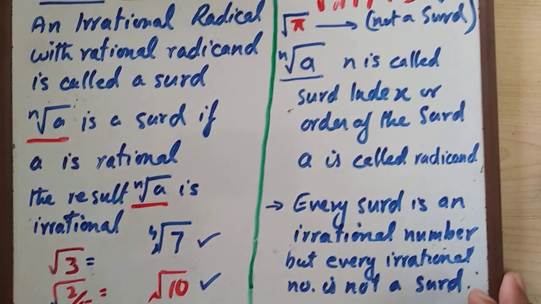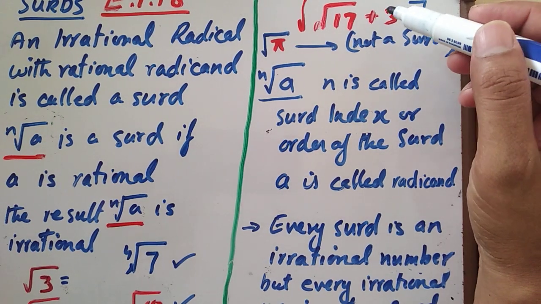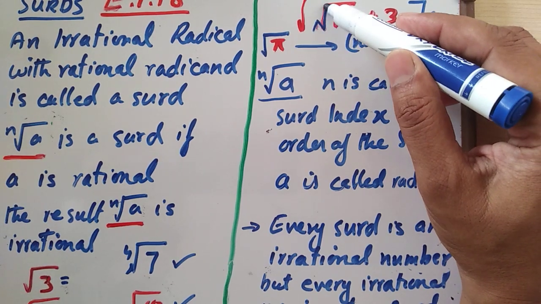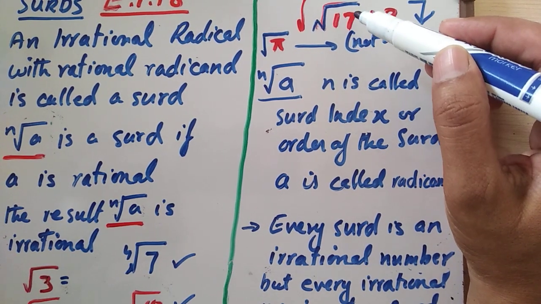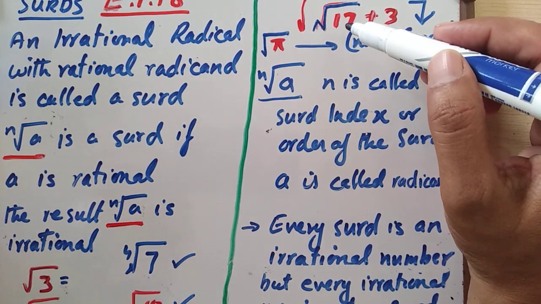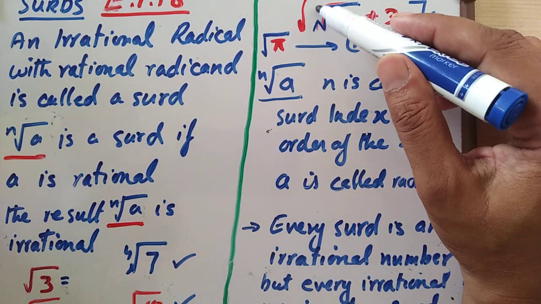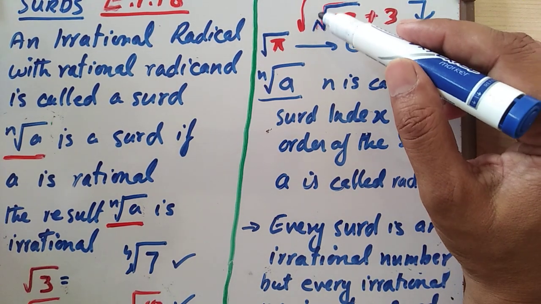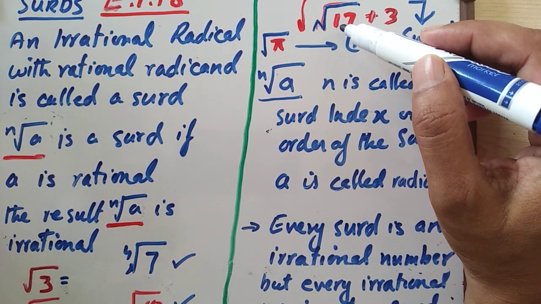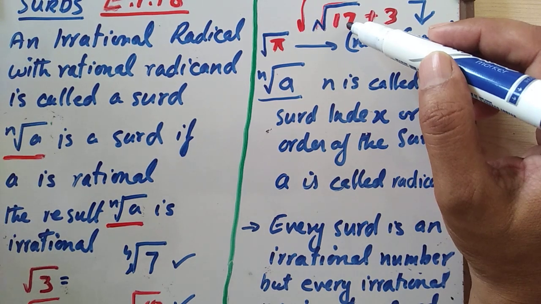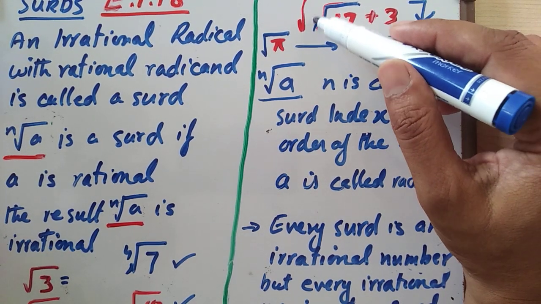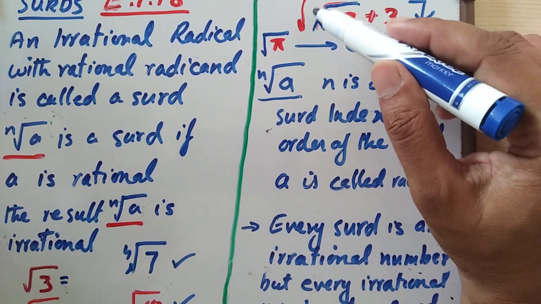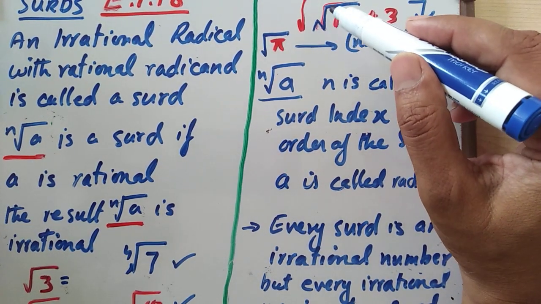Okay, now what about this number? You can see here we have written 2 square roots over a set of numbers. First, when you calculate the square root of 17, because 17 is a prime number and not a perfect square, it will provide you an irrational number, right?